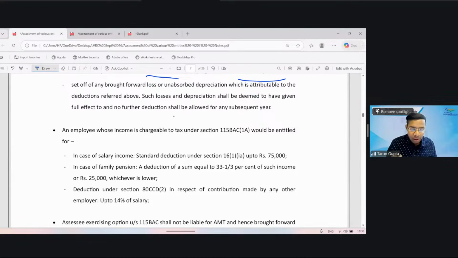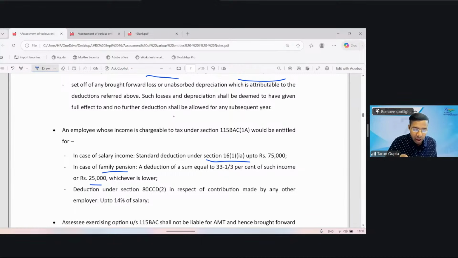What are the exemptions? One, as we discussed, standard deduction under the head salary is allowed at 75,000, while in the old regime it's allowed only 50,000. If you have a family pension, the maximum deduction allowed is 25,000, while in the old regime it is 15,000.